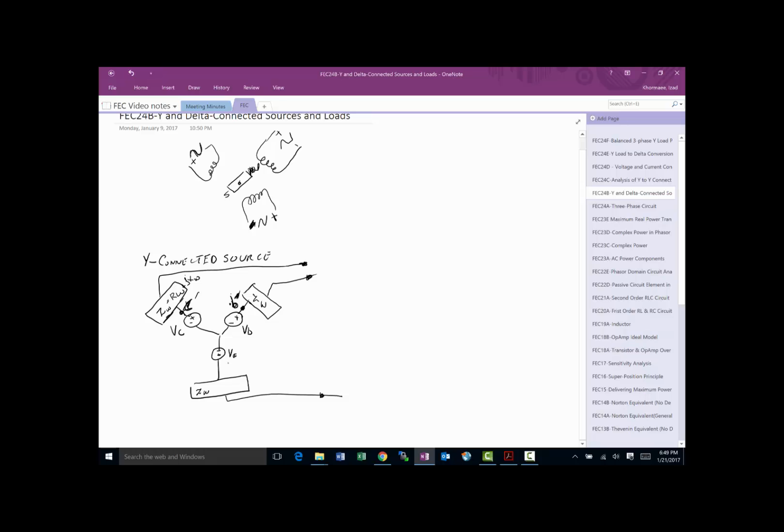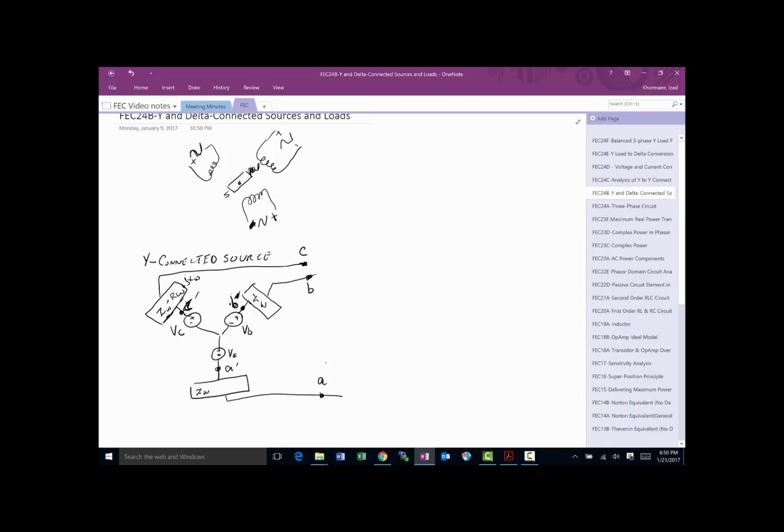This would be C prime, and this would be A prime. These are labeled B, C, and A, indicating we are including the impedances that are naturally part of the source.